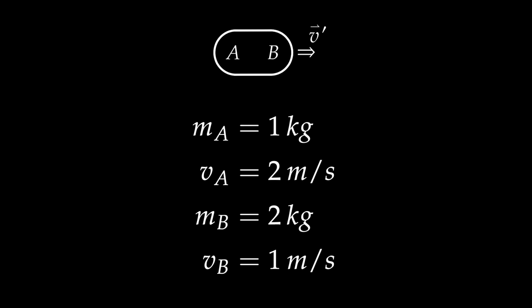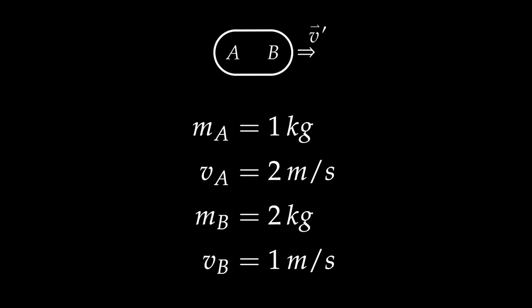Here they are stuck together, moving along with a mutual final velocity. That is, the velocity of A after they collide is equal to the velocity of B after they collide, which I'll just give a name, V prime. What I would like to do is apply the law of conservation of momentum to this situation and see what I can figure out.